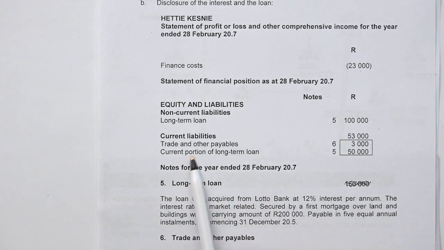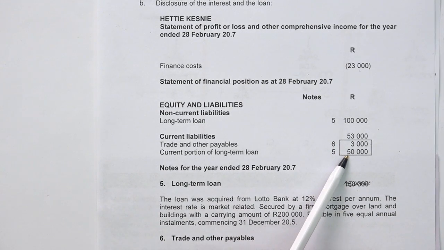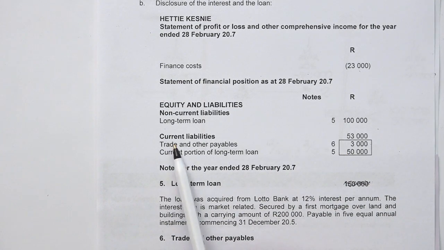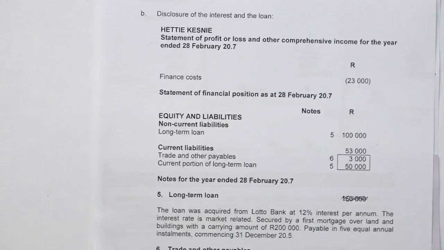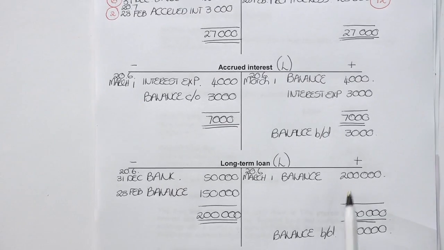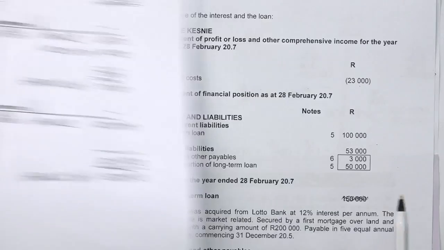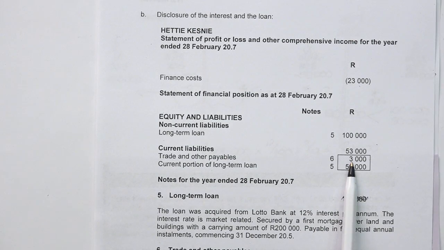Plus this 50,000 current portion will give me the 150,000 that we calculated in our timeline. Then our outstanding expense of 3,000 Rand. In our accrued interest account, we ended up with a balance of 3,000 Rand. That will be our trade and other payables.